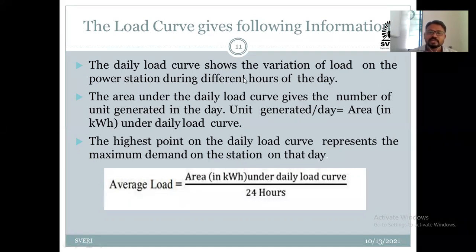Second, the area under the load curve gives the units generated in that particular day, and the highest point on that daily load curve represents the maximum demand on that station on that day. हे तीन पॉइंट्स कळले आहेत का सगळ्यांना? Everybody got these 3 points? What does that load curve give us?